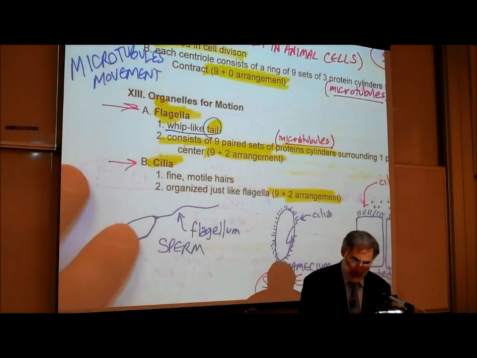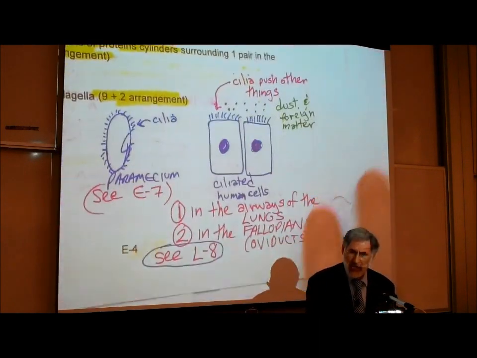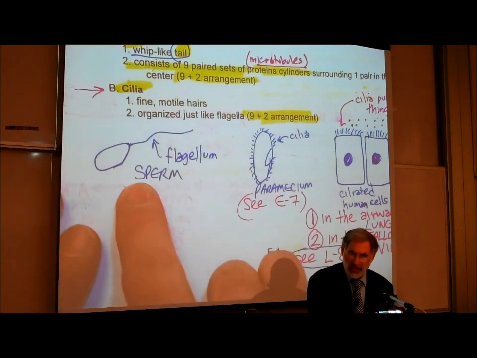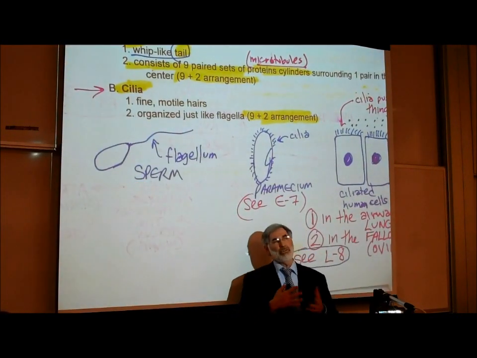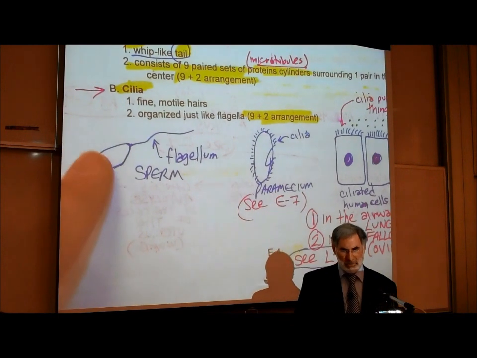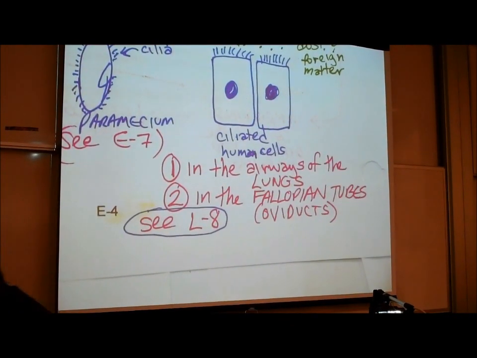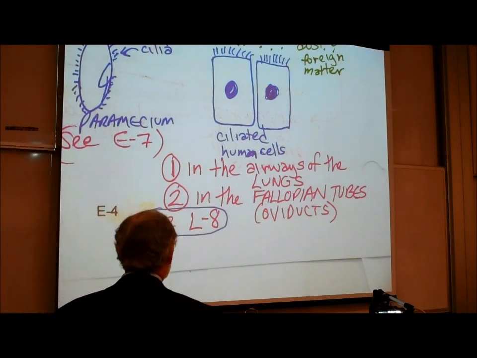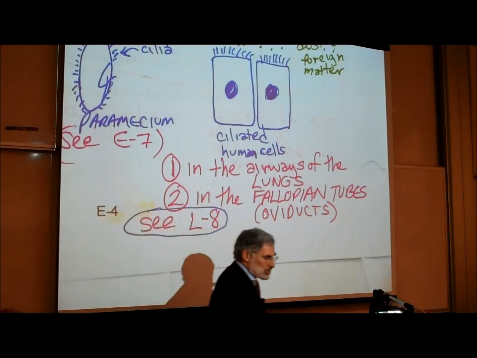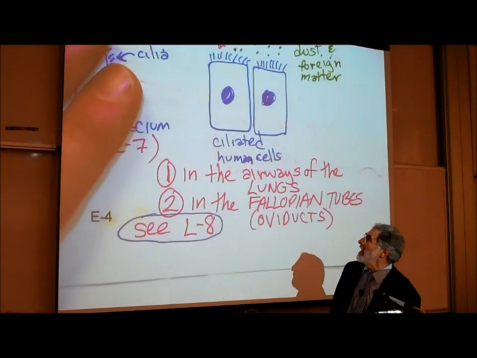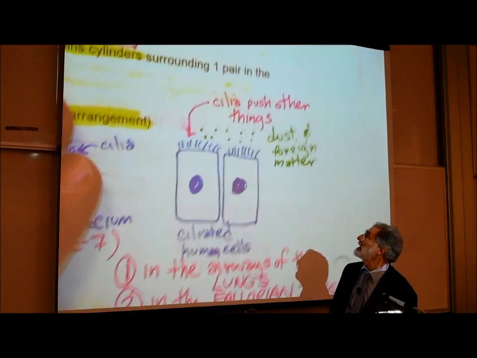Now, just before we leave this, we've already mentioned an example of a human cell that has a flagellum: sperm. And incidentally, the purpose of the cilia in our airways is not to make the cells move, but to push dust and foreign matter out of our airways to keep them clean.